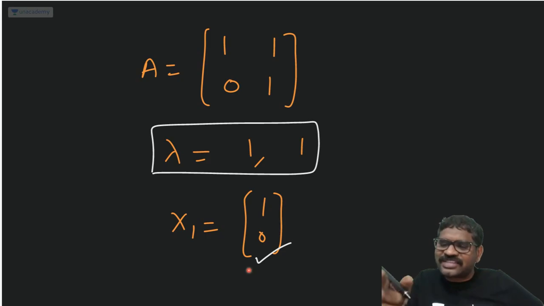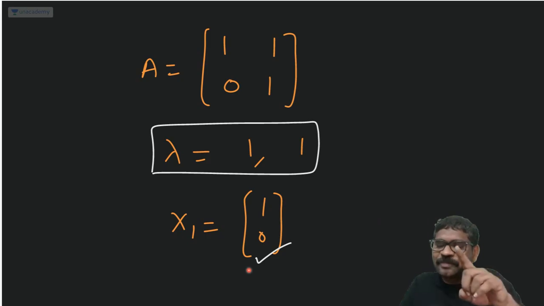One student has written the comment, sir, for one eigenvalue, how many eigenvectors do we have? Any student questions like that, first you have to ask how many eigenvalues you have, whether they are distinct eigenvalues or repeated eigenvalues. Catch my point?